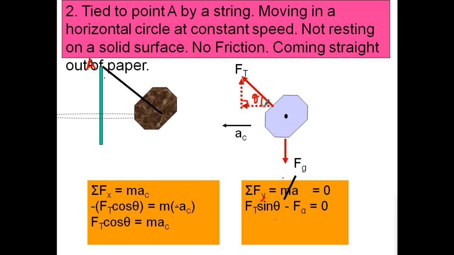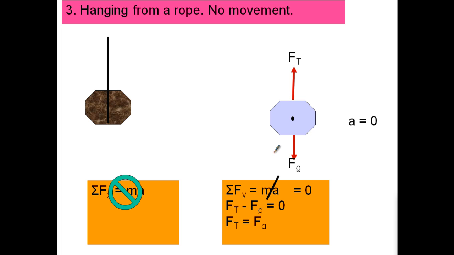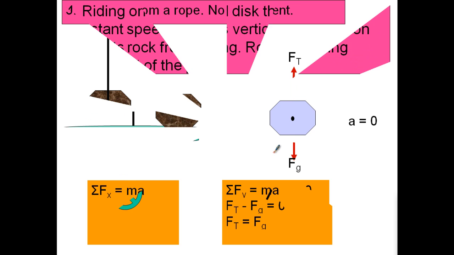And similarly over here, we're talking about the sine because we're talking about the y component. And this tension's y component is going to equal the weight of the object. Like an object hanging from a rope, and it's just hanging there. It's got the force of gravity going down, tension going up, no acceleration at all. So the only thing we're going to get from this is that tension equals the gravity, which you could have figured out probably even without physics.